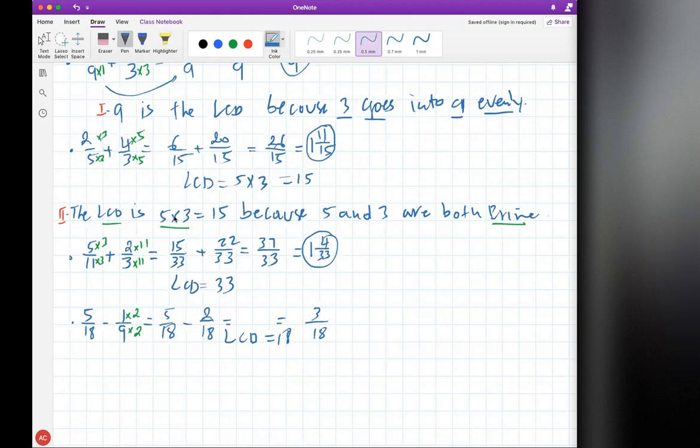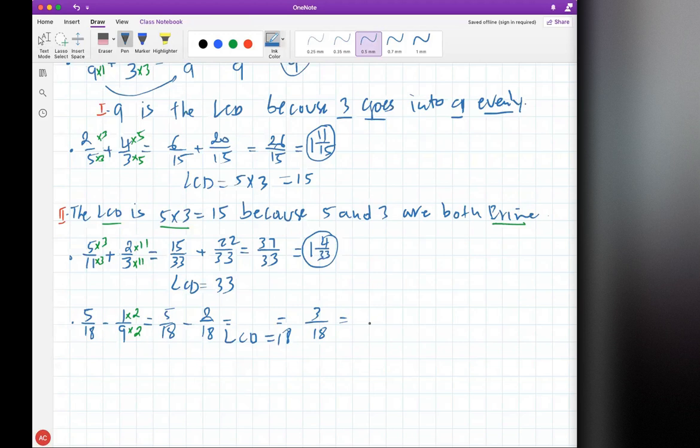Can you simplify it, in other words? What goes into both these numbers? 3.